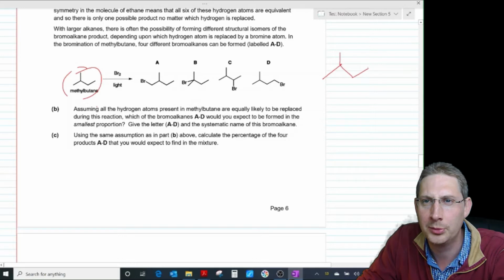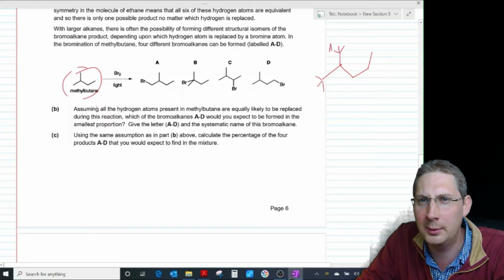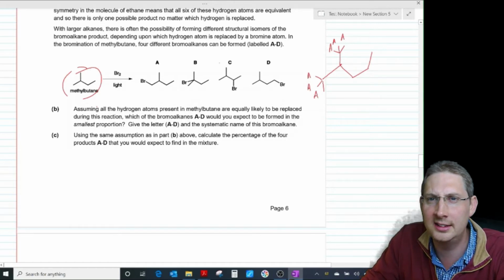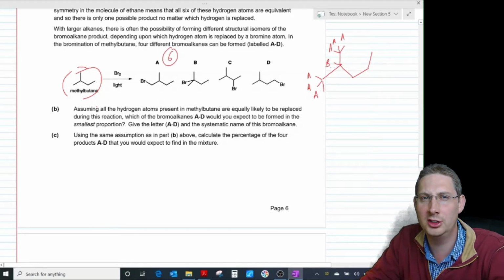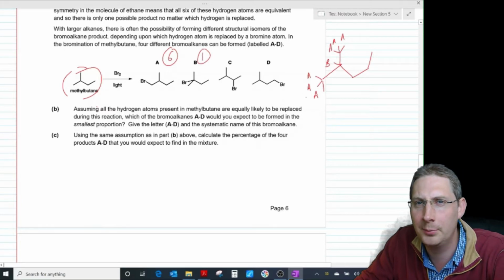Okay, so we've got 1, 2, 3, 4, 5, 6, which would lead to A. So if I just mark these as A, that would give A. So there's 6 ways that we could get A.